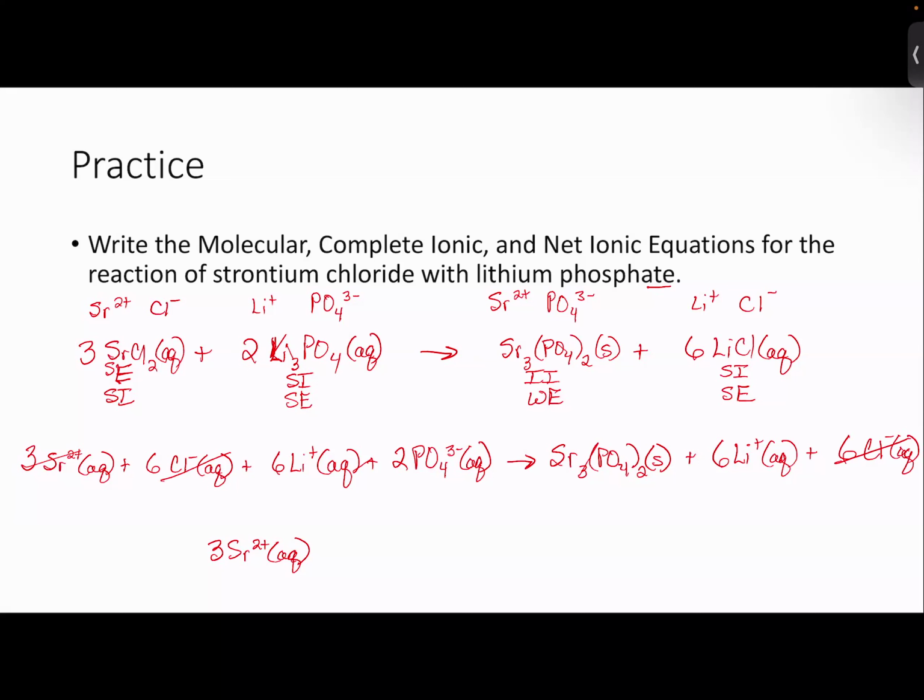On the reactant side, I have 6 Li plus aqueous. Do I have 6 Li plus aqueous on the product side? Yes, so that is a spectator. On the reactant side, I have 2 phosphate 3 minus aqueous. Do I have 2 phosphate 3 minus aqueous on the product side? No, so that comes down.